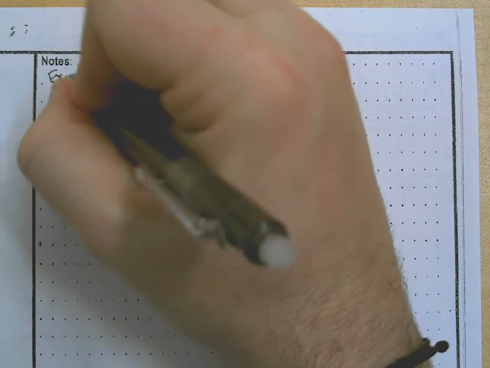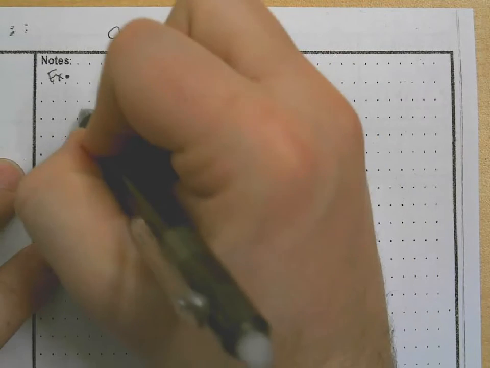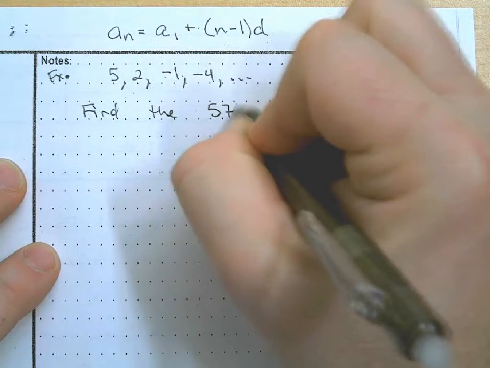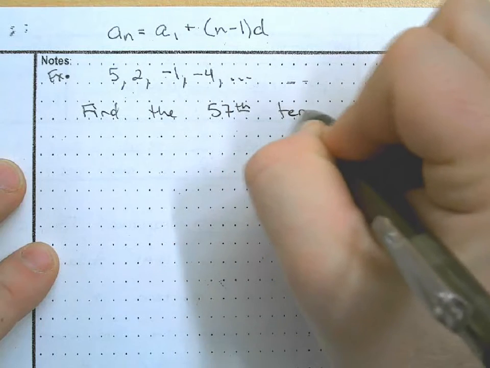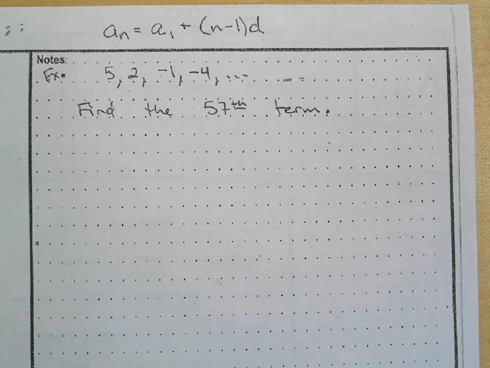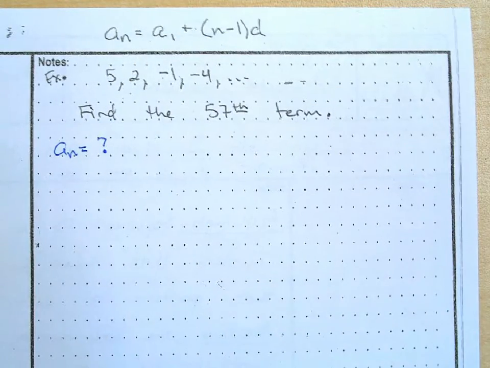So say I'm given this sequence, 5, 2, negative 1, negative 4. And the question is, find the 57th term. Well, a sub n is what I'm looking for, so that's our question mark.